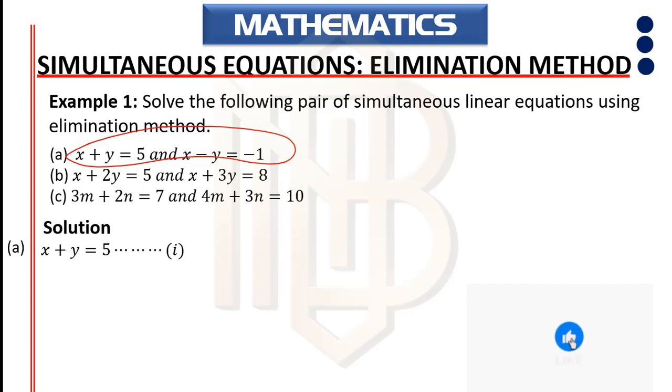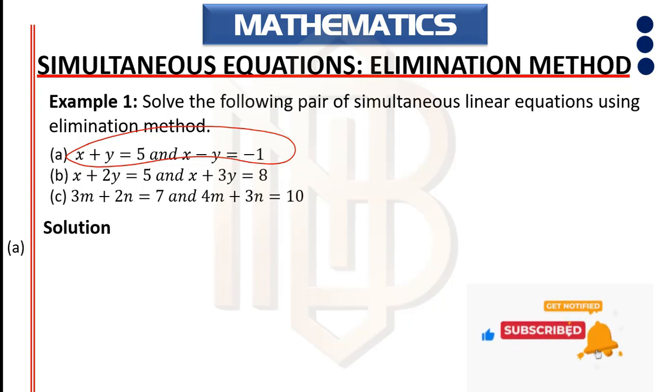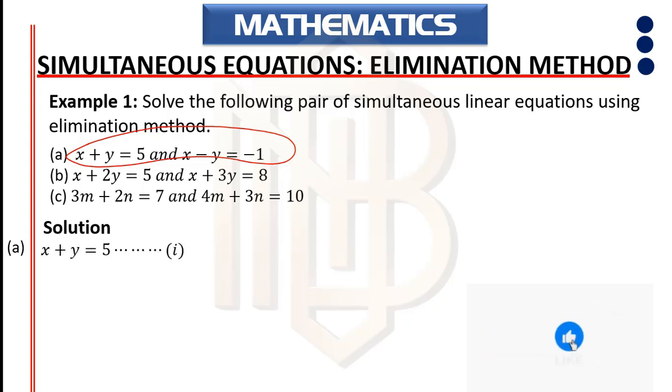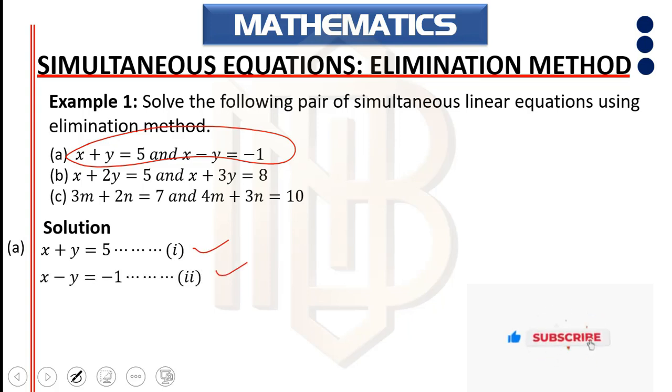If we call it equation 1, that means the second equation will be equation 2. This tagging of equations is very important because when you have them properly tagged, you can easily reference them.